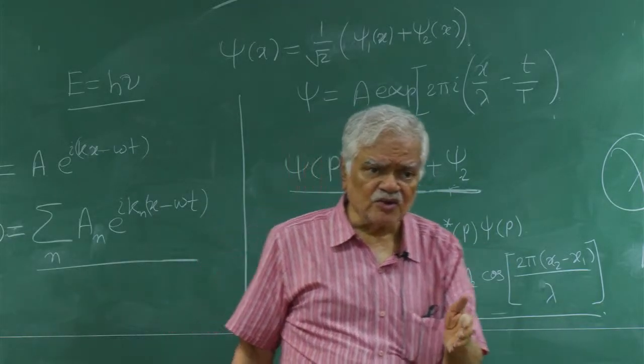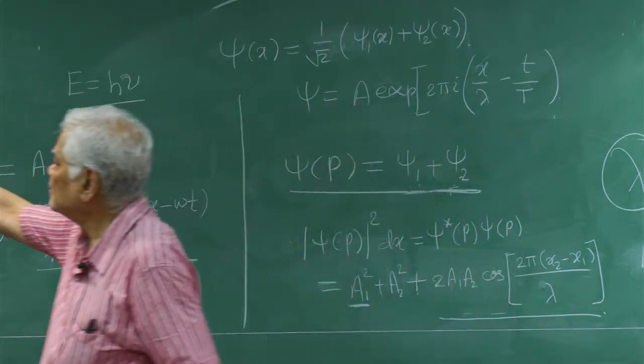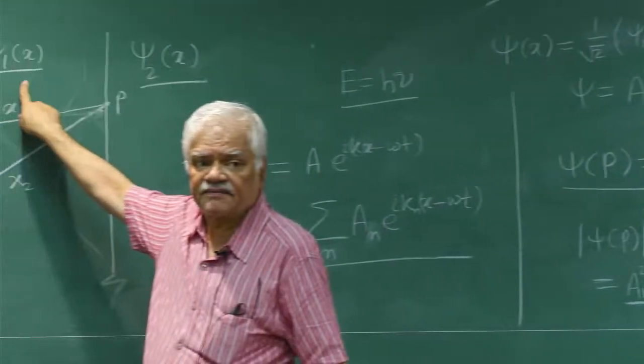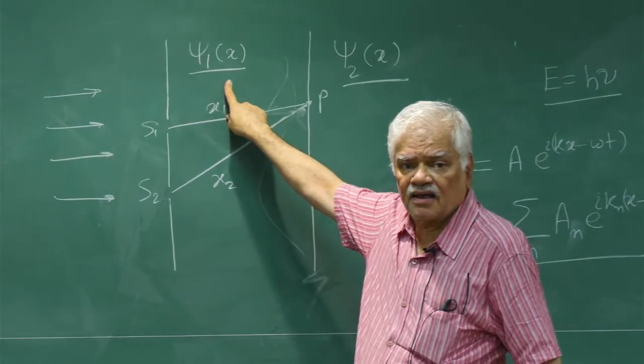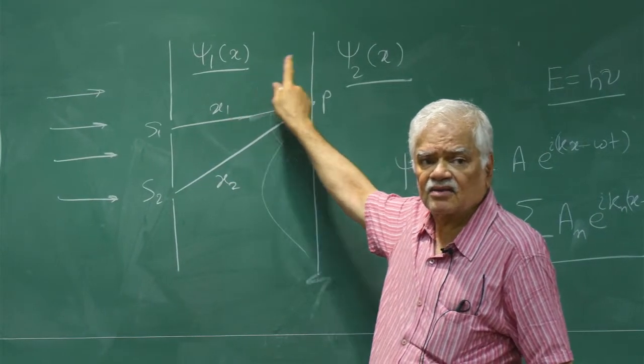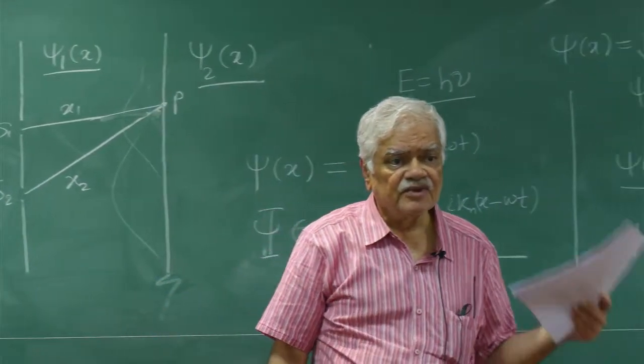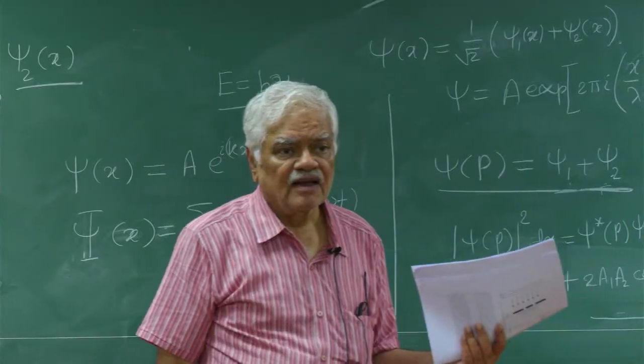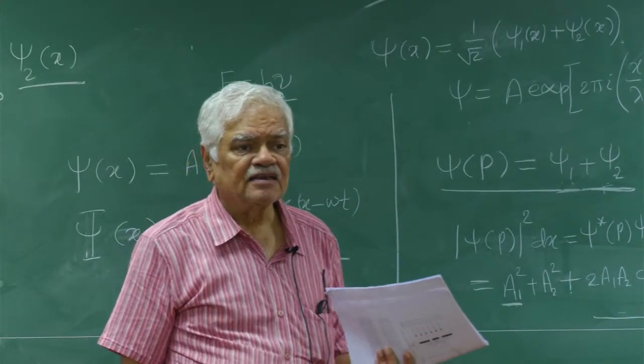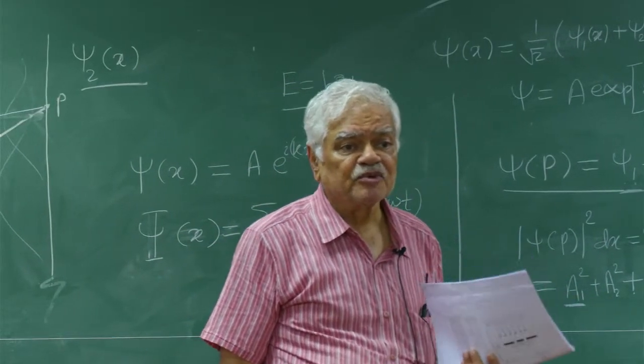When one slit is closed, there is no superposition. Either it is in psi1 or psi2. When both are open, we get a superposition. And the interference pattern is the result of this superposition.